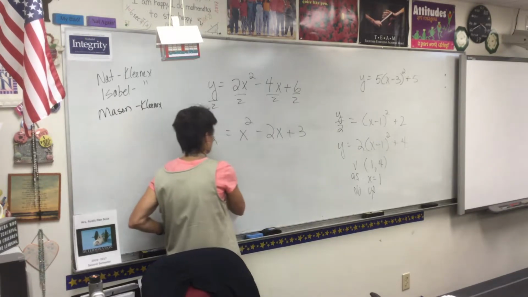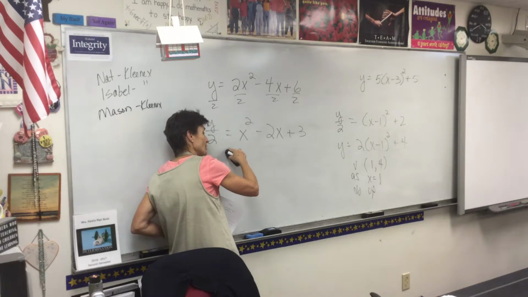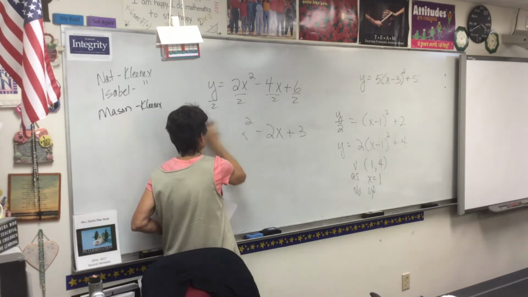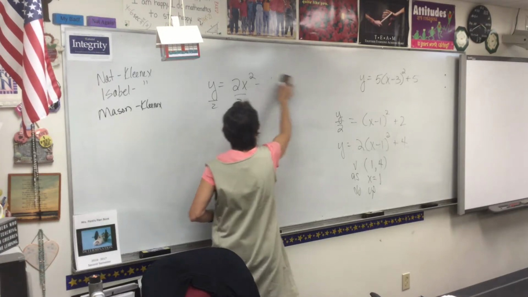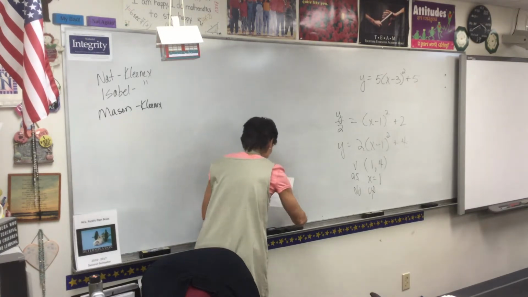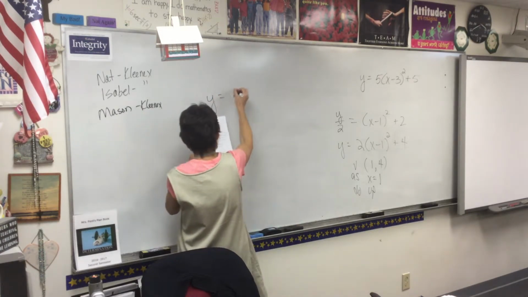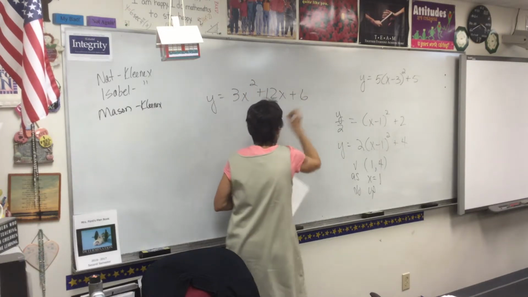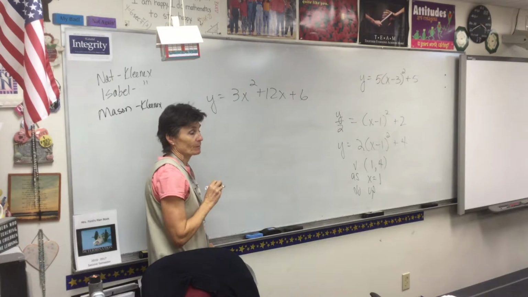On the test, guys, there is a question that says complete the square. So you need to be able to do this process. But you don't have to do it every time, because there are some problems where you have a choice.